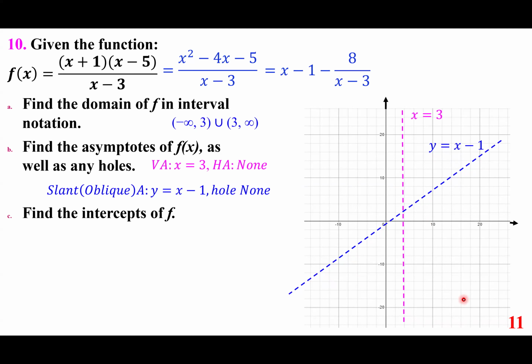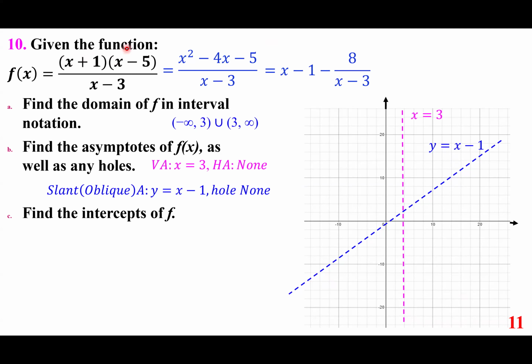Find the intercepts. X is 0, find y. Y is 0, find x. Well, the x-intercept obviously is looking at you. You set the numerator equal to 0, you get minus 1 and positive 5.